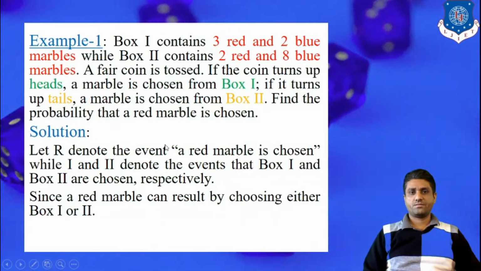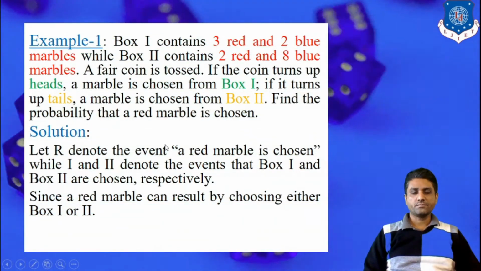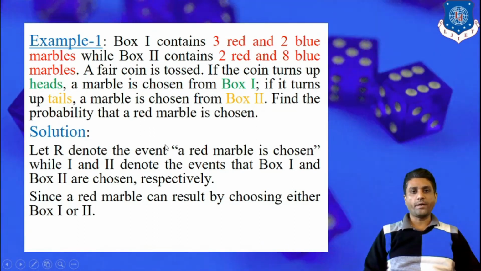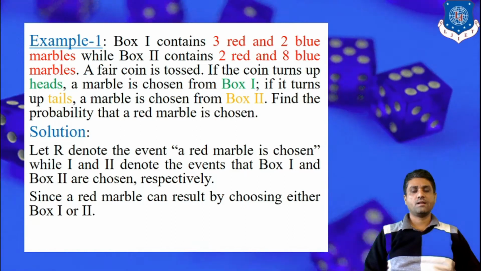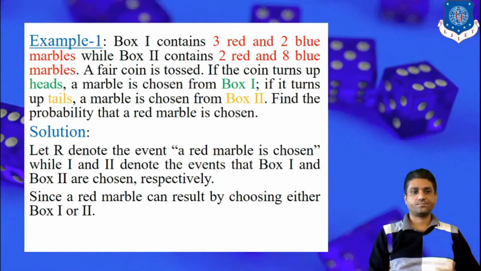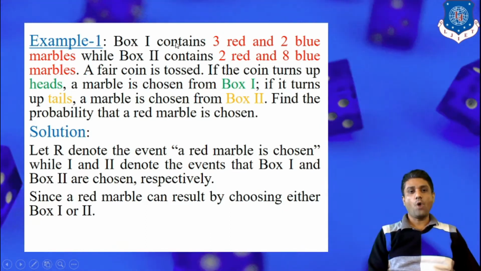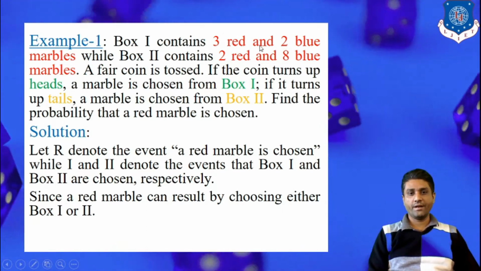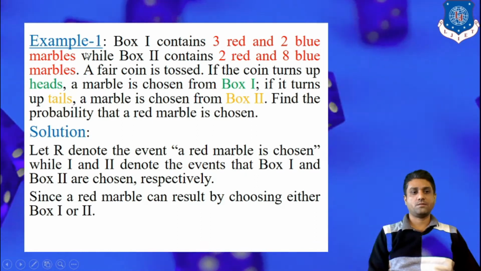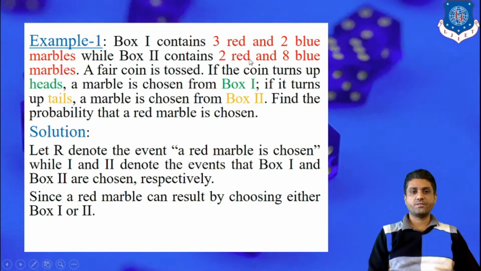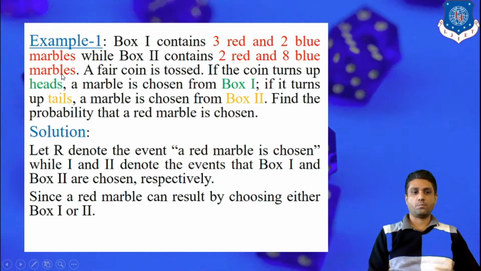Let's see an example which depends on the previous property as well as the definition of independent events. The question says box 1 contains 3 red and 2 blue marbles, while box 2 contains 2 red and 8 blue marbles.